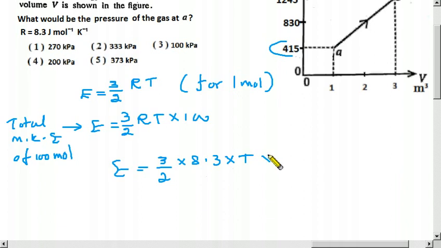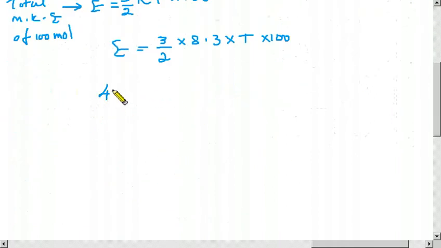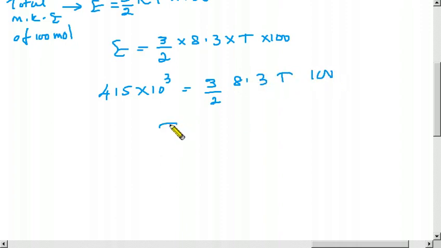Temperature we don't know. The same calculation as in the previous question. So we now substitute this 415, because what they ask is the pressure of the gas at A. 415 times 10 power 3 because it is in kilojoules.